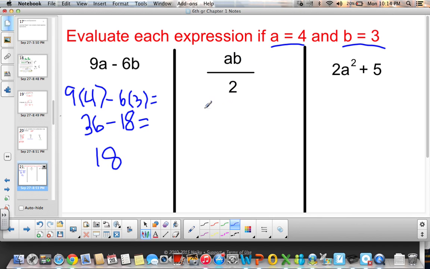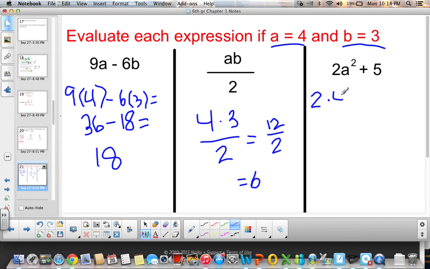ab divided by 2, so that tells us that it's 4 times 3 divided by 2. We do multiplication first and then division, so 4 times 3 would be 12 divided by 2, so we get 6. And then 2a squared plus 5, so it would be 2 times 4 squared plus 5.